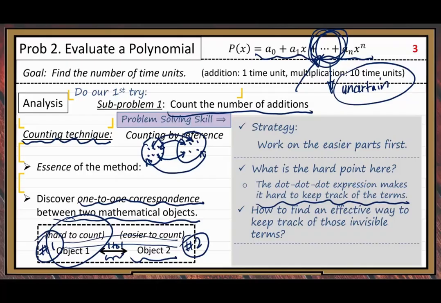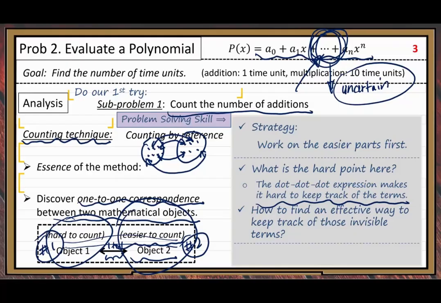In set theory, we have this simple result. Since they have the same counting numbers, how about we just count the number of object 2 directly? Due to its special property, it is much easier to count object 2.